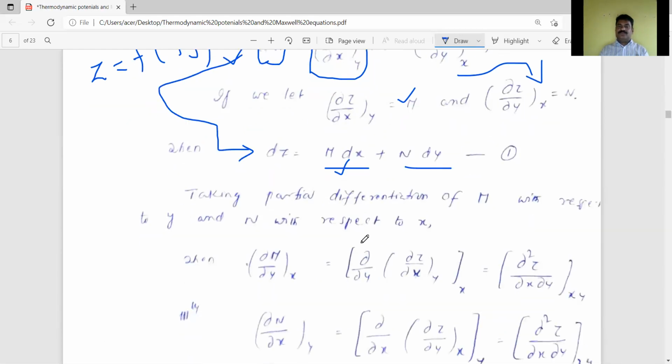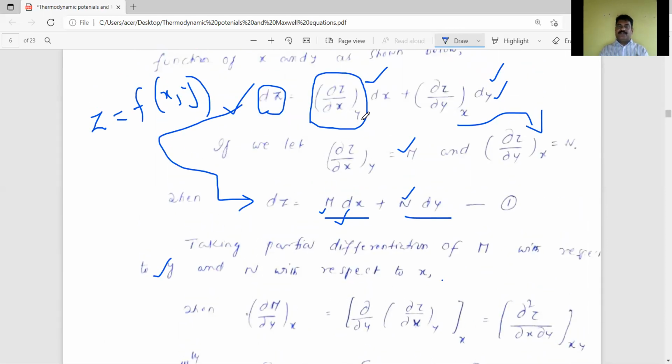Now, if you take partial differentiation of m with respect to y, similarly, if you take partial differentiation of n with respect to x, you see, what is m here? ∂z/∂x at y.